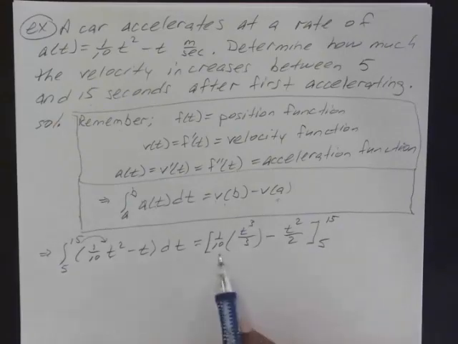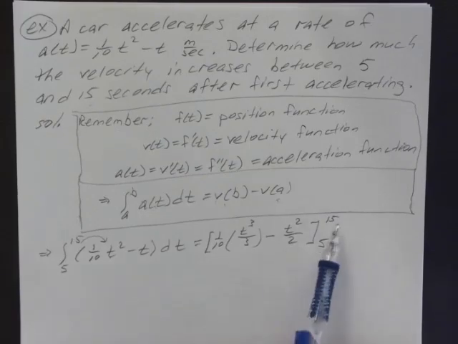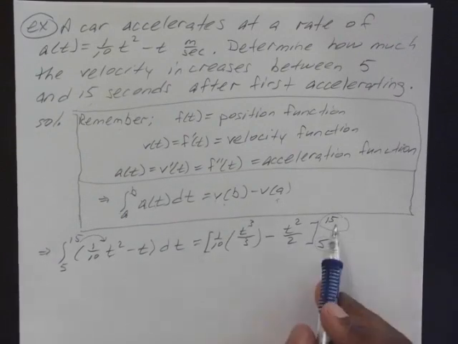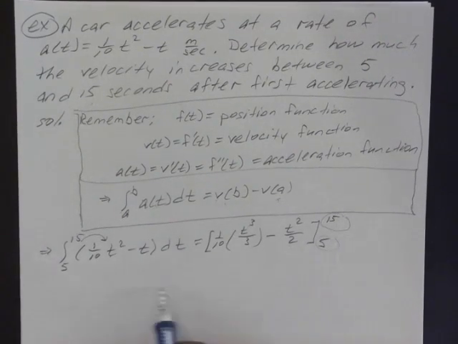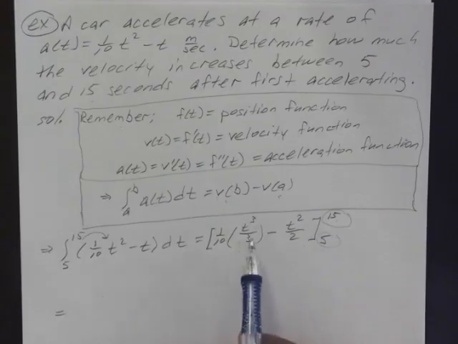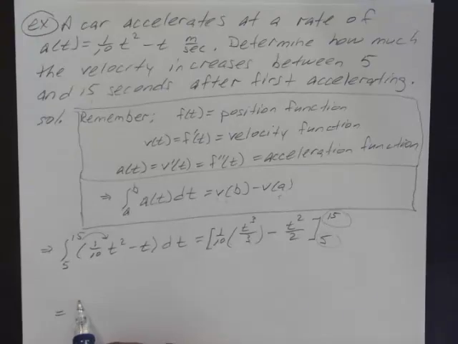Okay, now this is our velocity function. So if we're looking for the change in velocity, once we apply the fundamental theorem, that'll give us the change at 15 seconds minus the change at 5 seconds. Okay, so if we plug in t is equal to 15, move that equal sign over to make sure we have enough room. So this just becomes 1 over 30, so we can go ahead and combine it, or you can leave it like that.